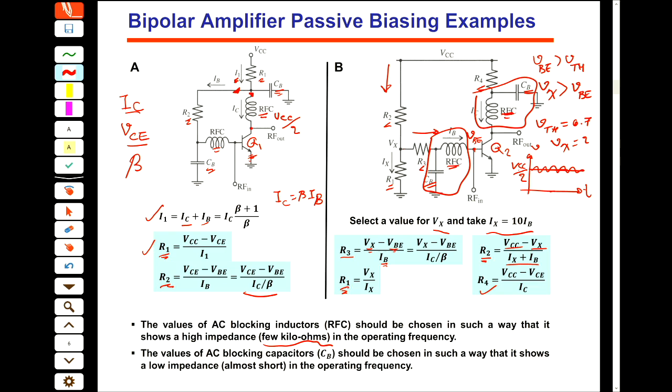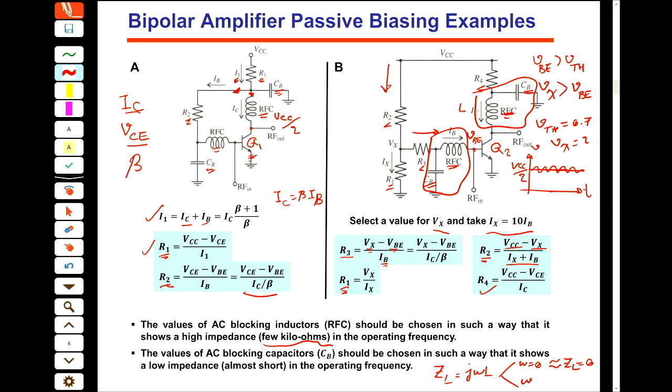So in the DC, assume that this RF choke has an inductance of L. Then the ZL equals j omega L. Okay, so this j omega L, if omega equals 0, then it is almost 0.